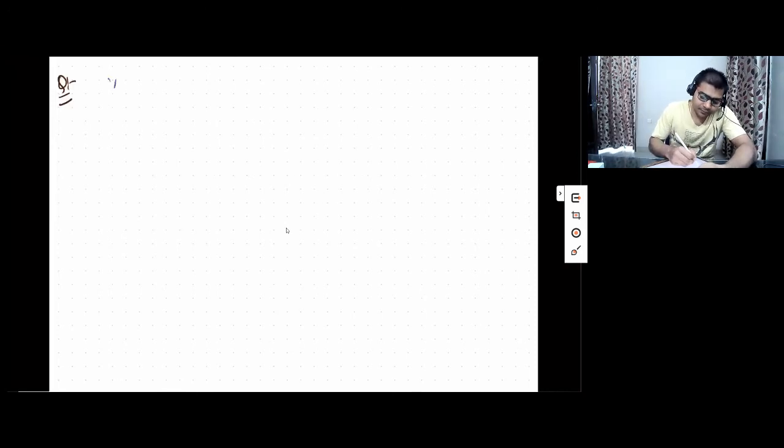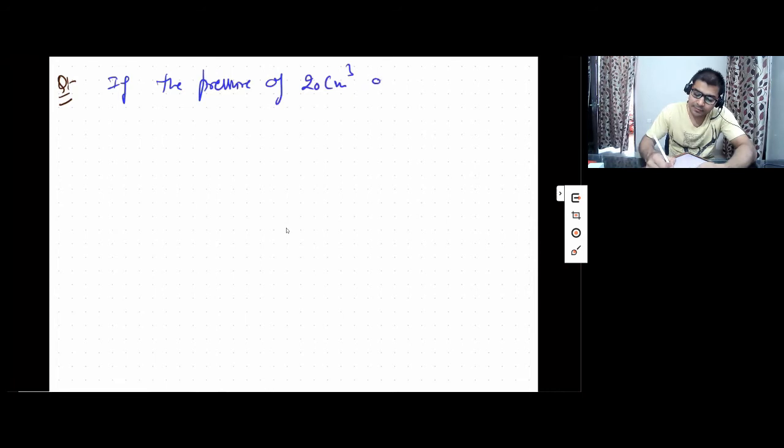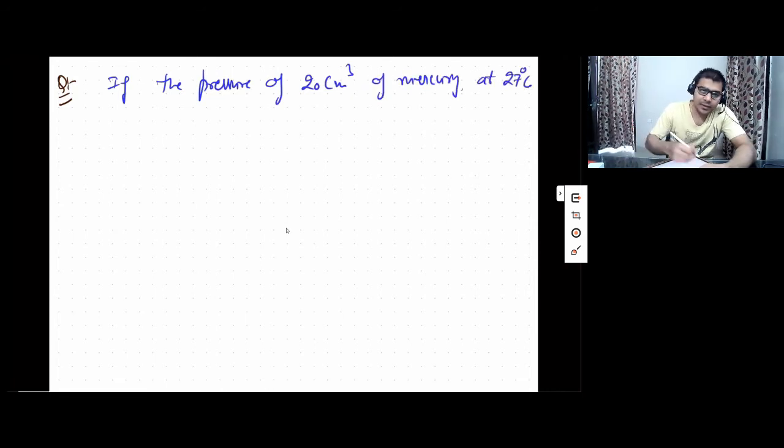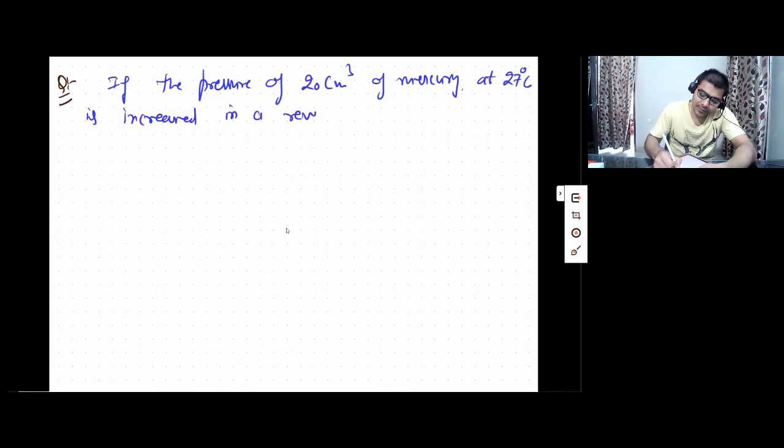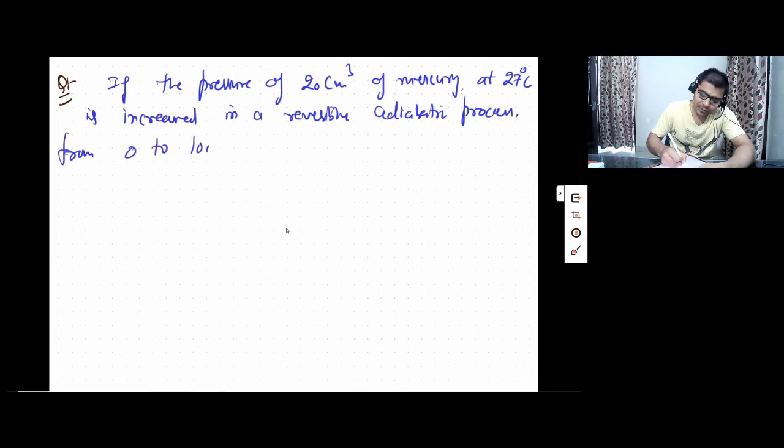If the pressure of 20 centimeter cube of mercury at 27 degrees centigrade is increased in a reversible adiabatic process from 0 to 1000 atmospheric pressure, what will be the temperature change?